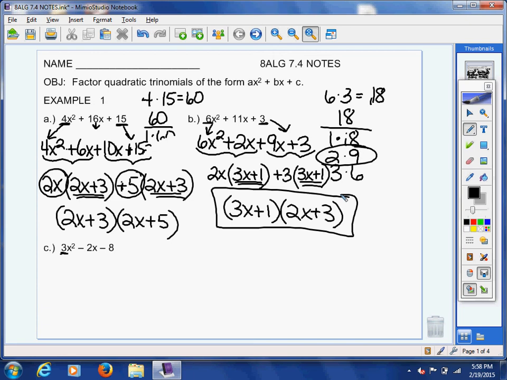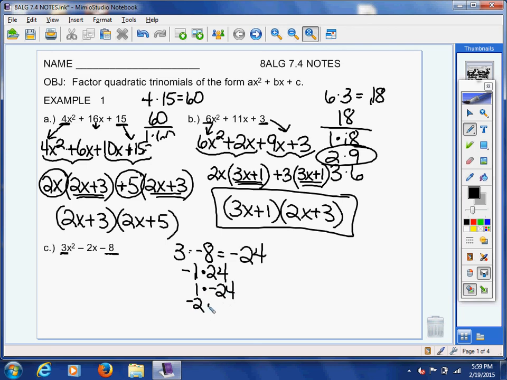So take 3 and let's multiply it to negative 8, okay? 3 times negative 8 is negative 24. So I'm looking for factors of negative 24 whose sum is negative 2. So I've got negative 1 times positive 24, 1 times negative 24.